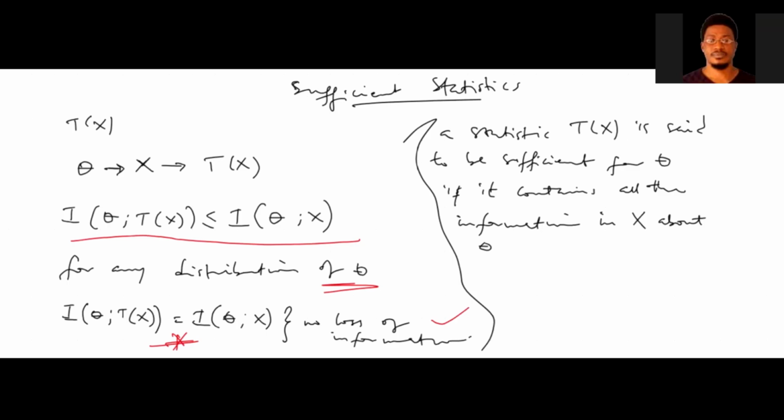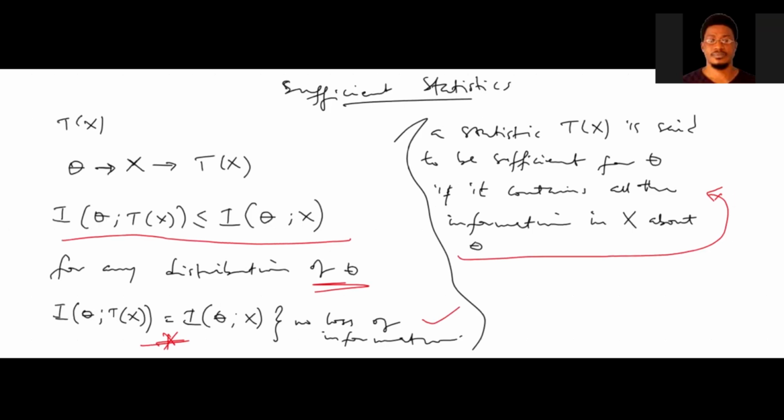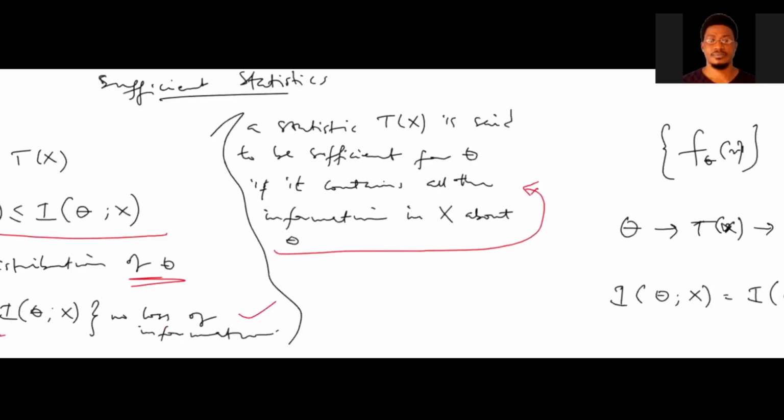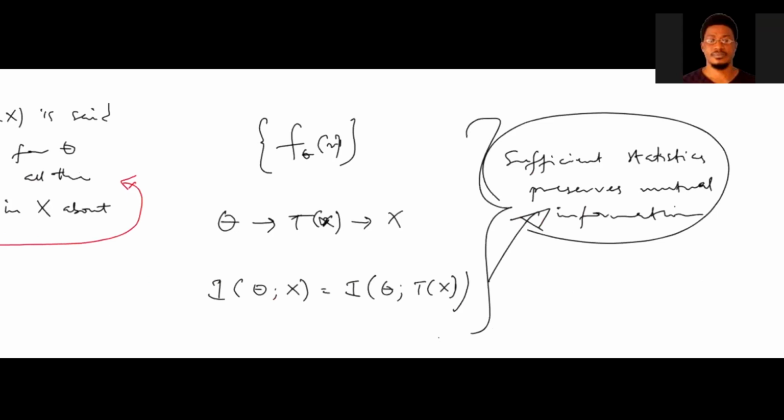So technically, from this idea, we are saying that a statistic T of X is said to be sufficient for theta if it contains all the information in X about theta.